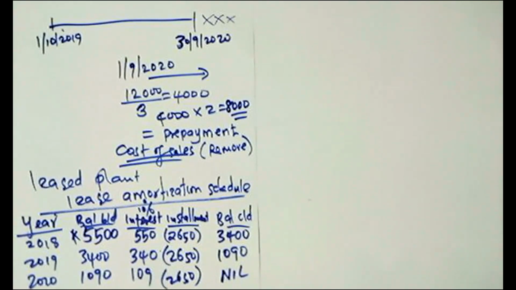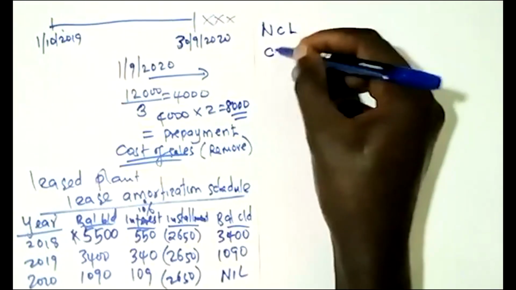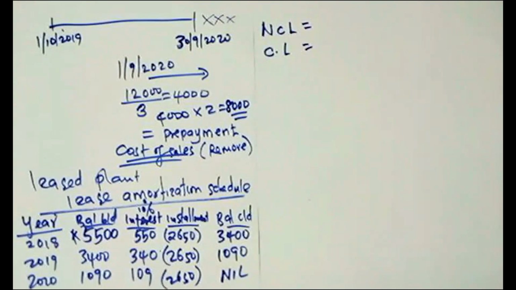So remember that our financial year ends on 2020. That is September. So we need to know the non-current liability and the current liability.